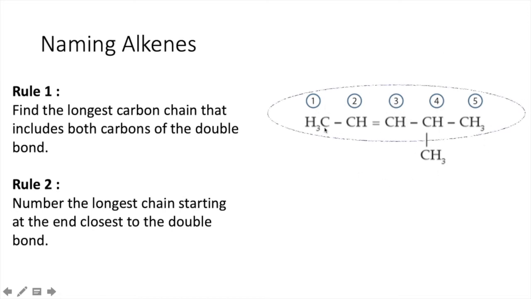This is the longest chain. We start numbering from the end that is close to the double bond. So we start to number this chain from this end: 1, 2, 3, 4, 5.